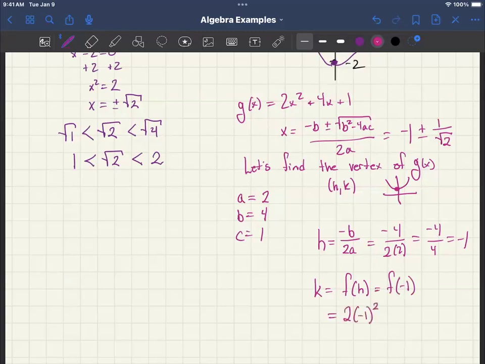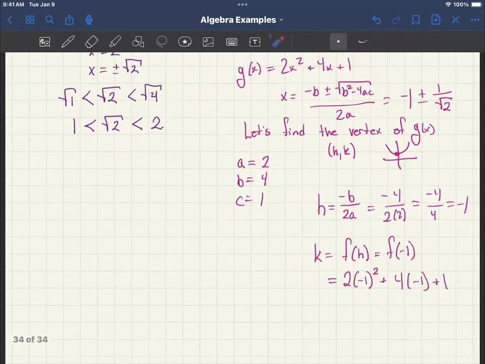This gives us 2 times negative 1 squared plus 4 times negative 1 plus 1. I will point out, don't forget the squared there when you're plugging your h value in. Very important and often overlooked, because it's very easy to overlook that squared in there.